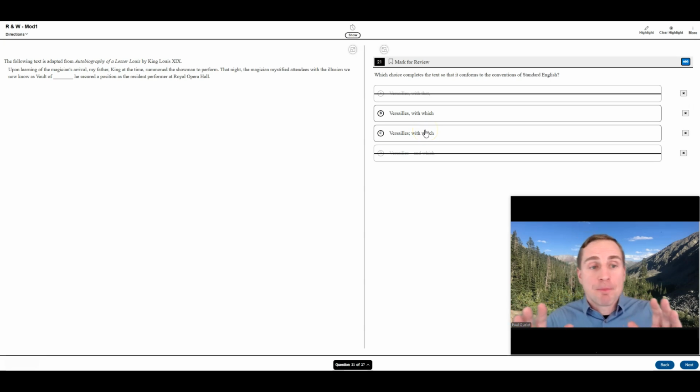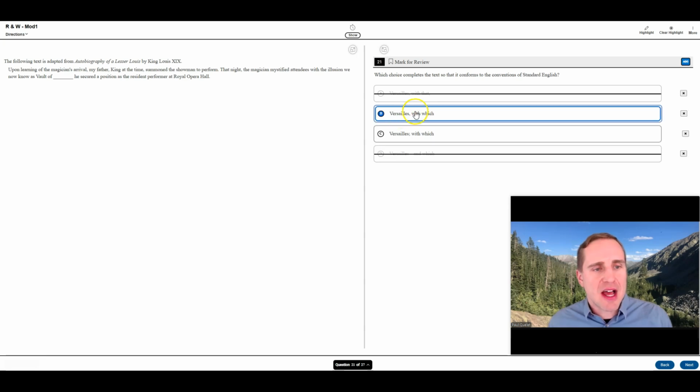Now notice it's either comma with which he secured or end of the clause with a semicolon. With which is directly describing the clause that we're actually in, like the sentence that we're in. So I'm going to go with Versailles, comma, with which. Okay, so choice B. All right, and then let's move on.